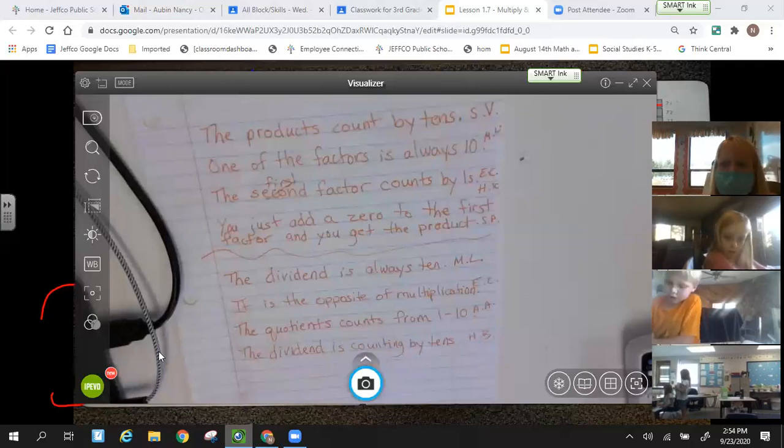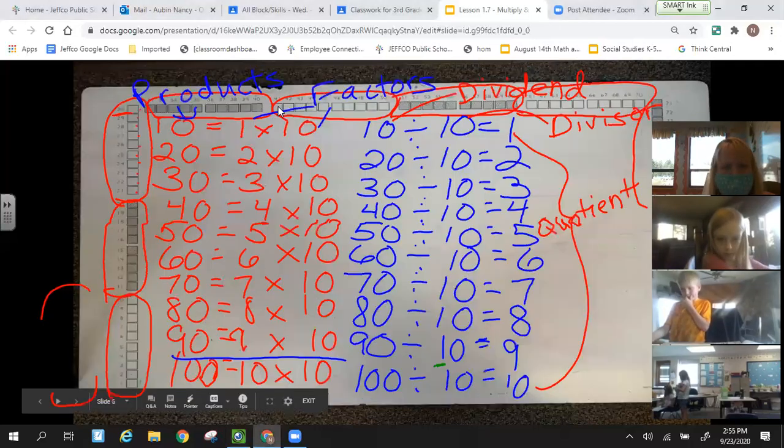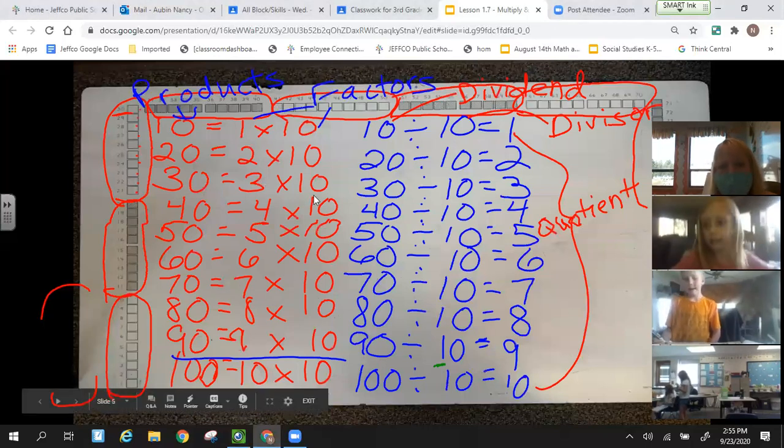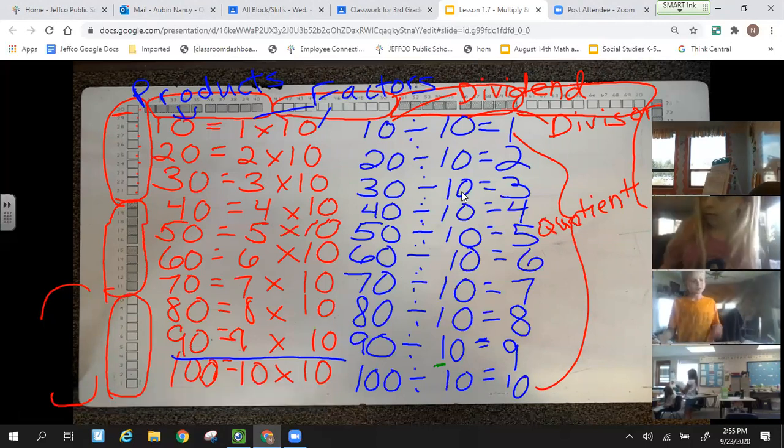If you did not notice, here's just a little reminder. The products from the multiplication problems become the dividend. Did you guys see that? The products become the dividend. Here are your products.